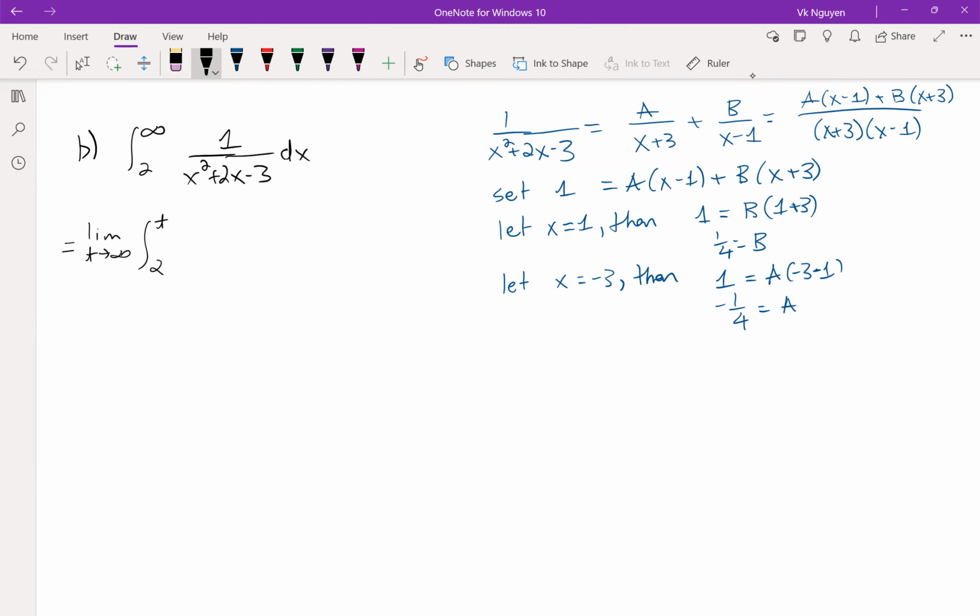The partial fraction is negative 1/4 times 1 over x plus 3, plus 1/4 times 1 over x minus 1, dx.